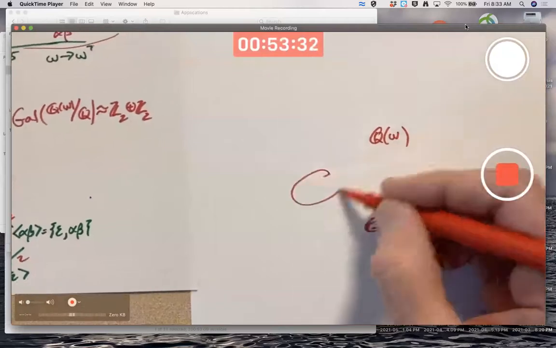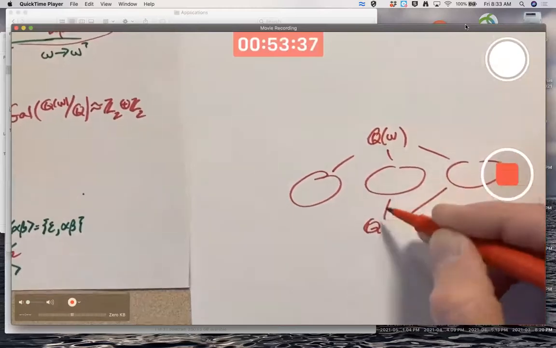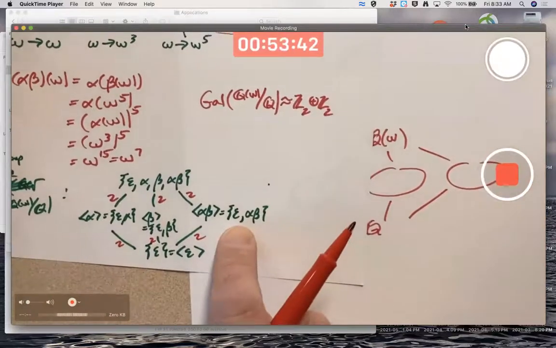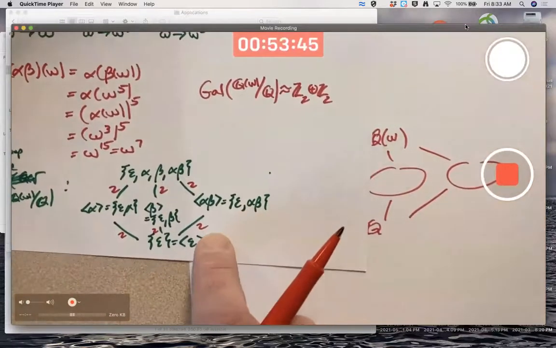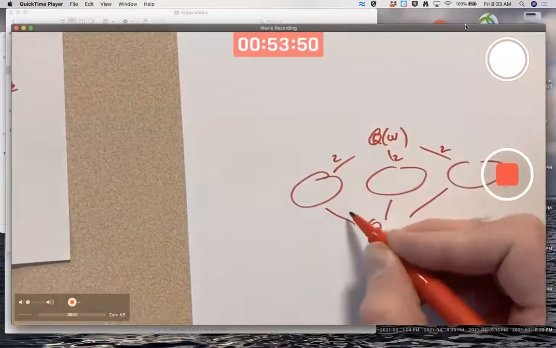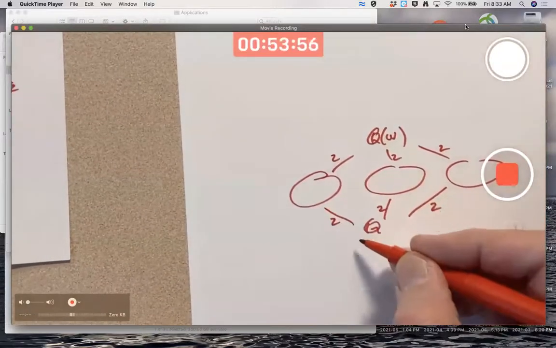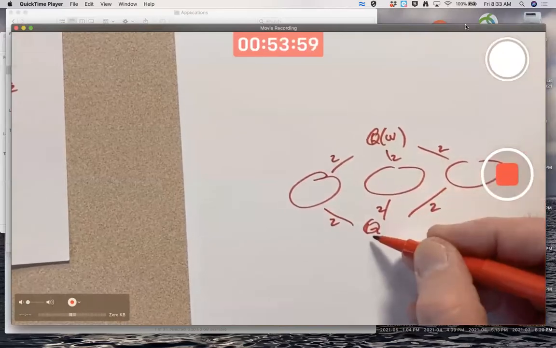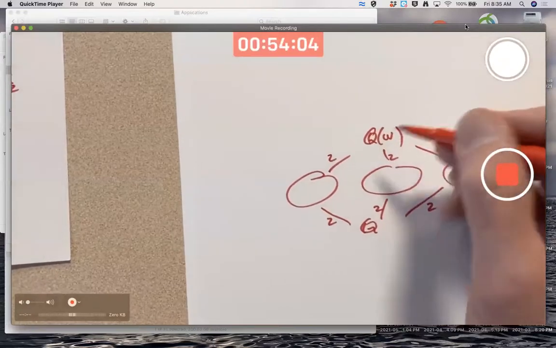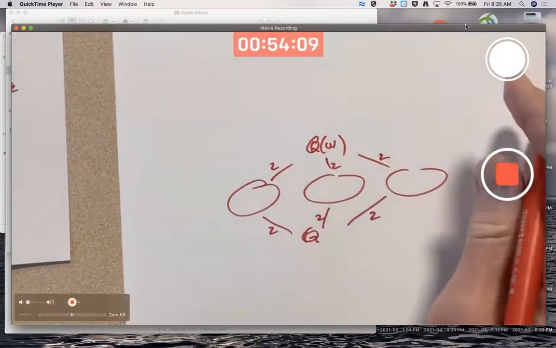I am going to have 3 intermediate fields in the tower of fields that correspond to 3 intermediate subgroups in the subgroup lattice of the Galois group. And these degrees that you label these lines with are still going to be all 2s. So whatever this is, it's going to be a 2-dimensional vector space over Q. This is going to be a 2-dimensional vector space over Q. This one's going to be a 2-dimensional vector space over Q. And then also Q of omega is going to be 2-dimensional over each of these subfields, as a vector space over those subfields.